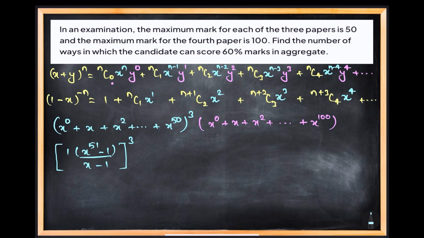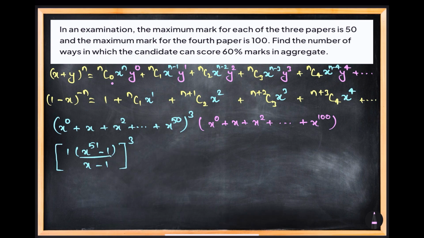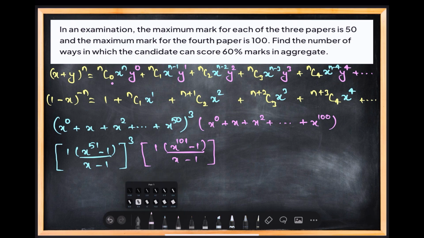Now we have the same for the next thing: a (r power n minus 1) by (x minus 1), where the number of terms is 101. The power is nothing, because it is only one element. So I will take minus common and then expand.